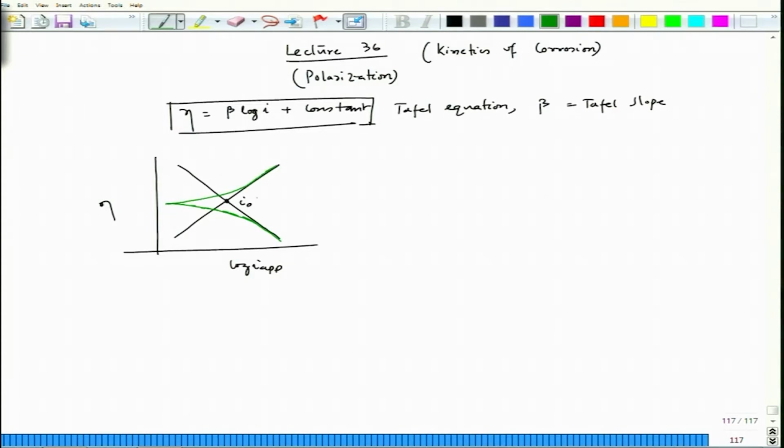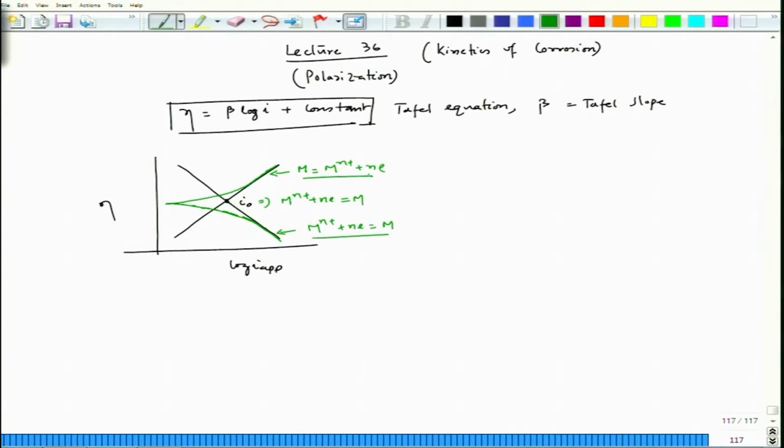Fine. And at this point I see Mn plus Ne equal to M, and on this side I have preferential anodic reaction, and this side we have preferential cathodic reaction. Fine.